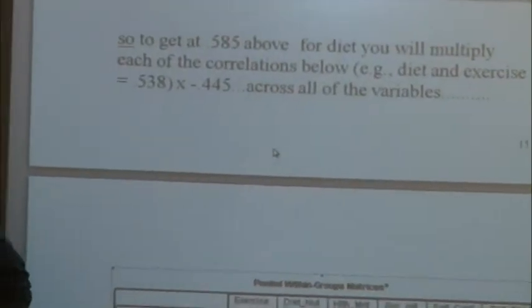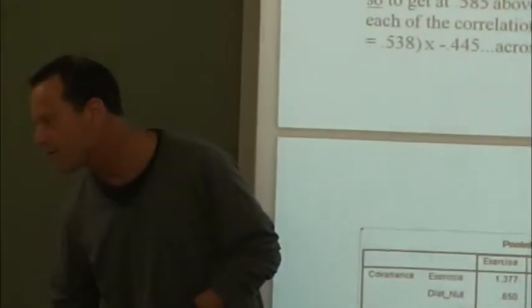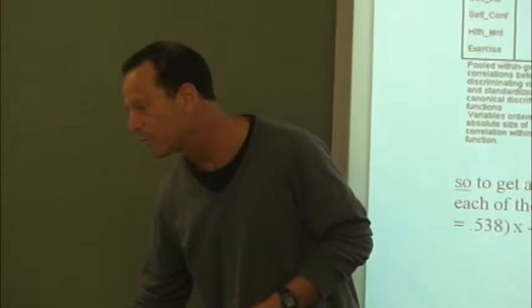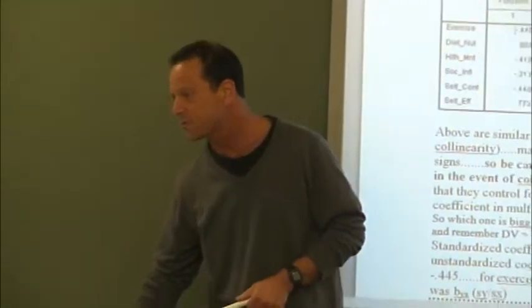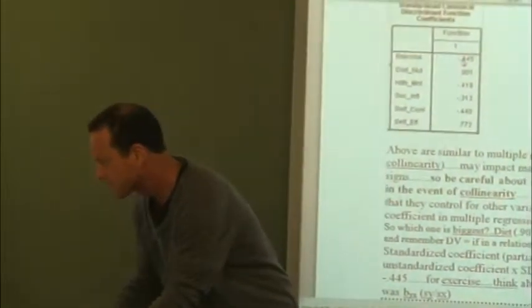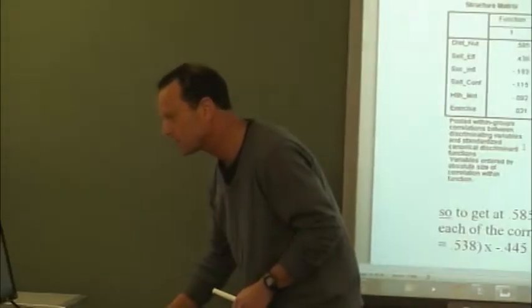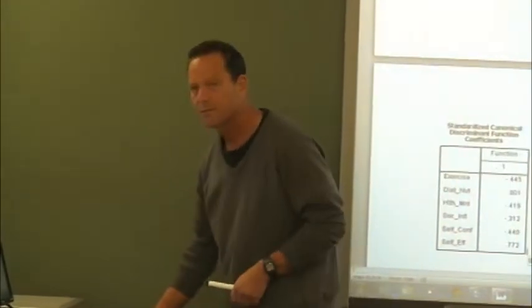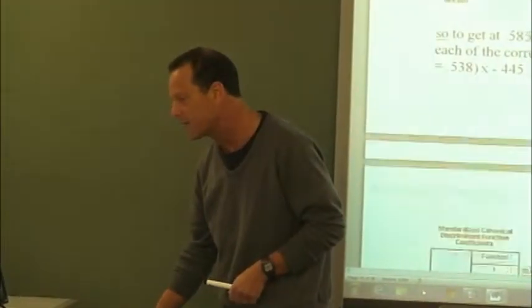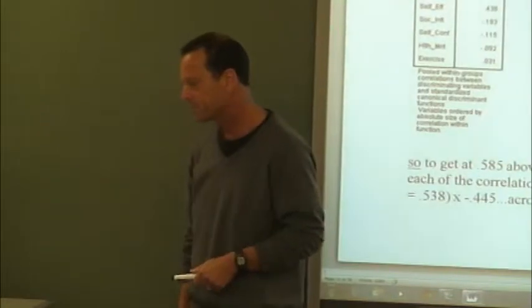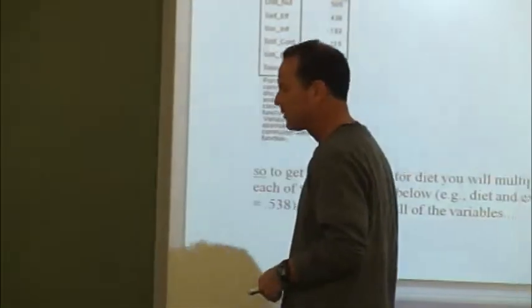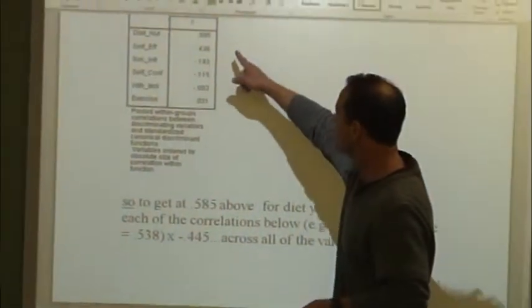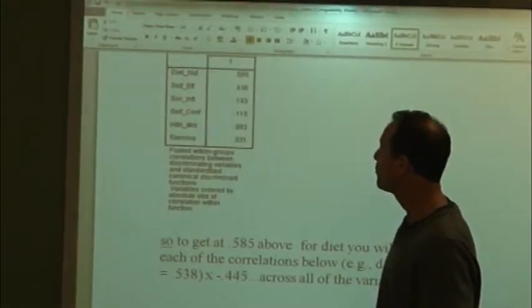And times negative 0.445. Where's that negative 0.445 coming from, everybody? You remember the unstandardized coefficient? Right there, the unstandardized coefficient, right there. So that's the math behind it, everybody, to get at each of these correlations.